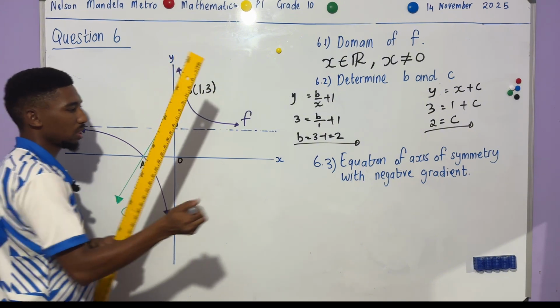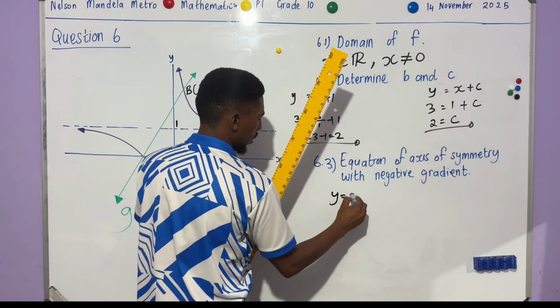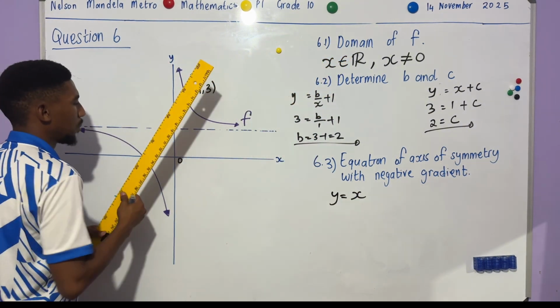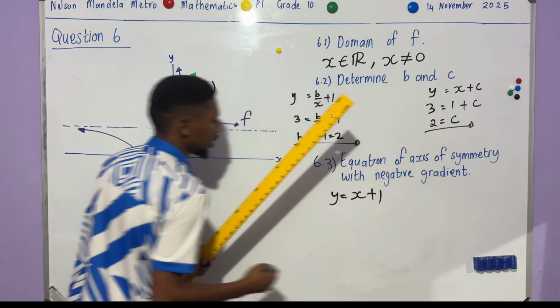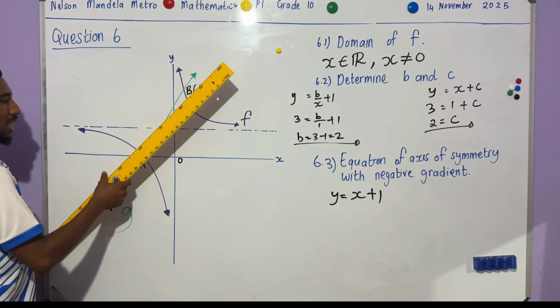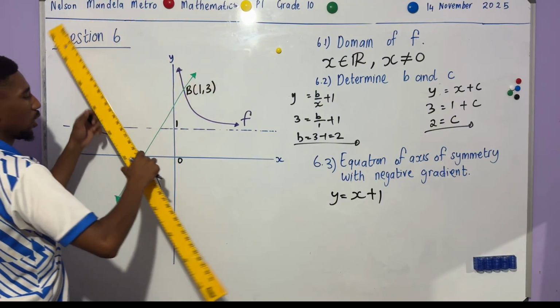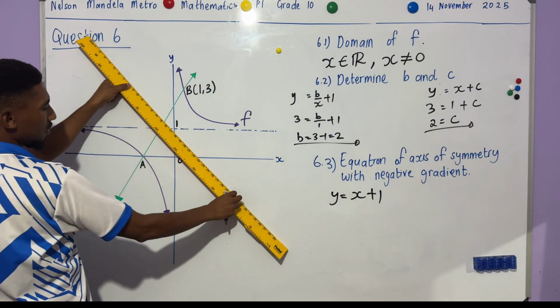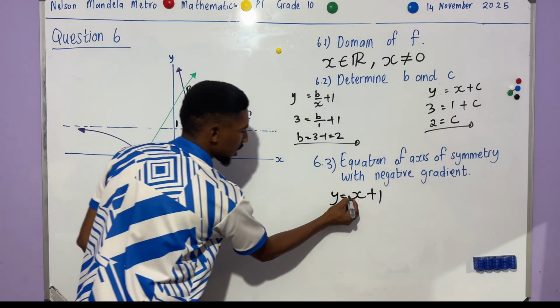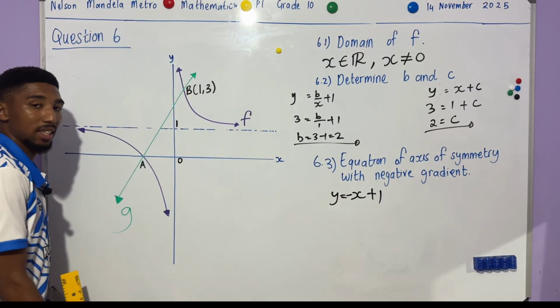Normally the equation would be y equals x, but now it's been shifted up by 1, so it is plus 1. But there are two gradients, one going positively, one going negatively. So we're looking at the negative gradient, which would make this x over here negative.